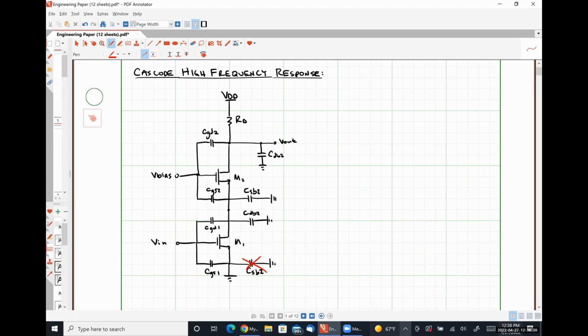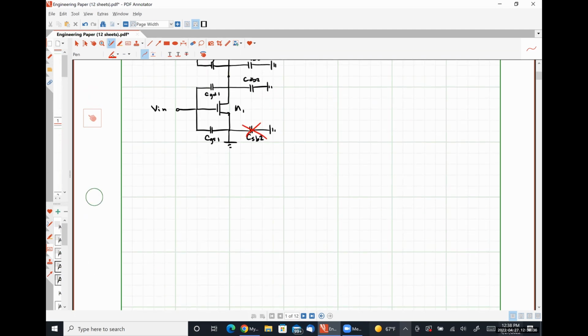So if we drew a small signal model of this guy, what we would have is something that looks like this.